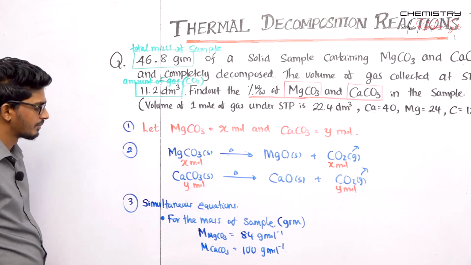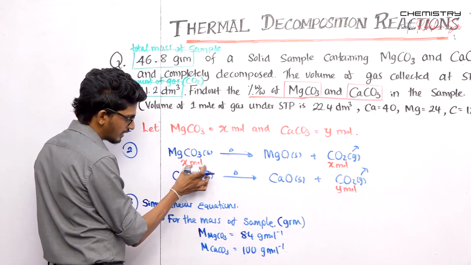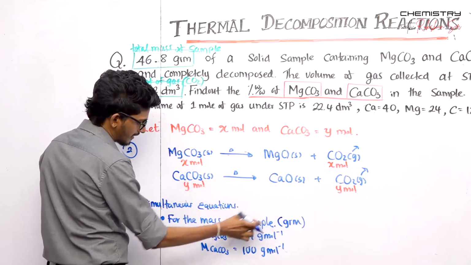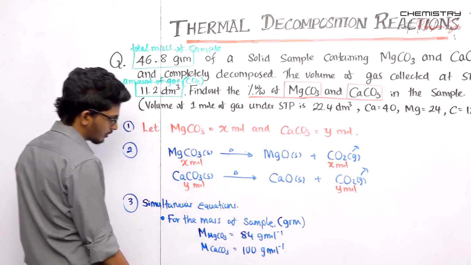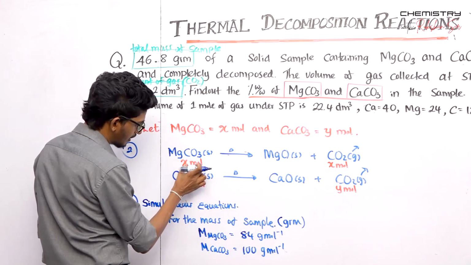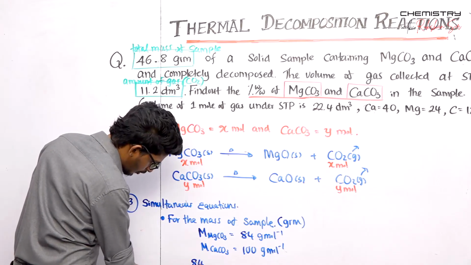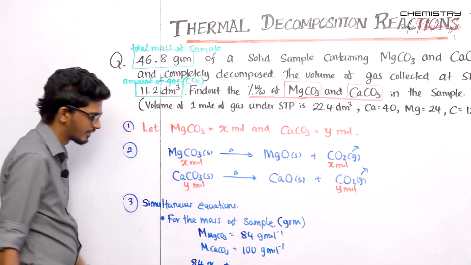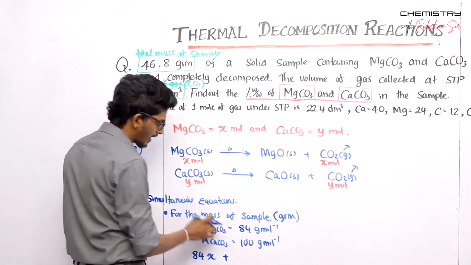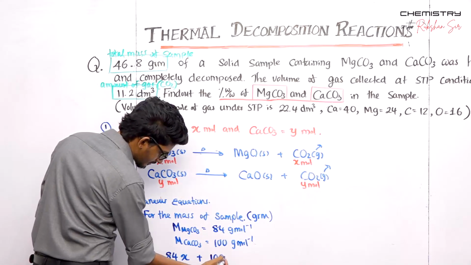The mass is the g mol^-1 value times the mole value, so the mol term cancels off and you come up with grams. So 84 g mol^-1 into x moles gives 84x, the mass of magnesium carbonate in your sample. Like that, the mass of calcium carbonate in your sample is going to be 100y.